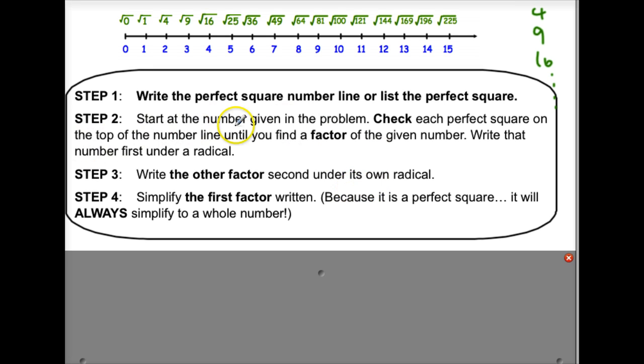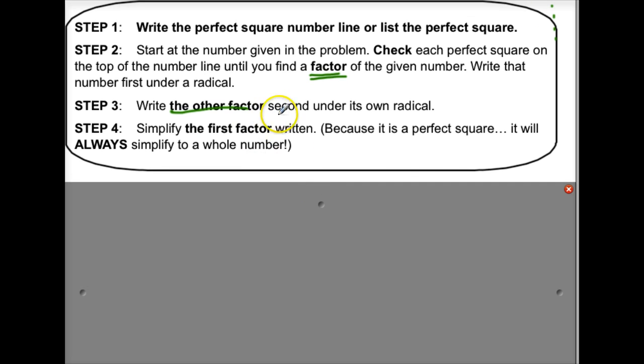Then we start at the number given in the problem. Check each perfect square from the top of the number line until you find a factor of the given number. Write that number under a radical, and write the other factor under its own radical. Then we simplify the first one, because the first one is going to be a perfect square.